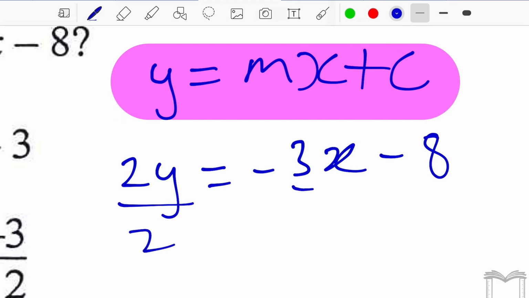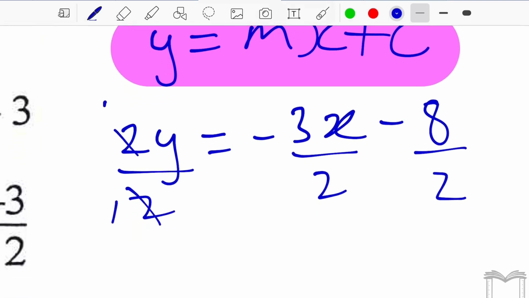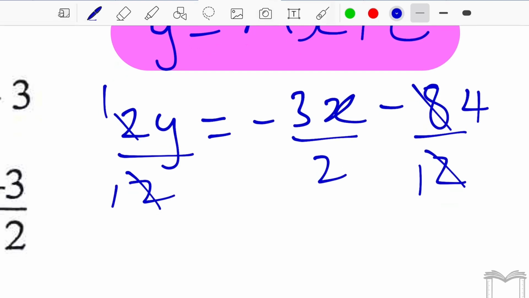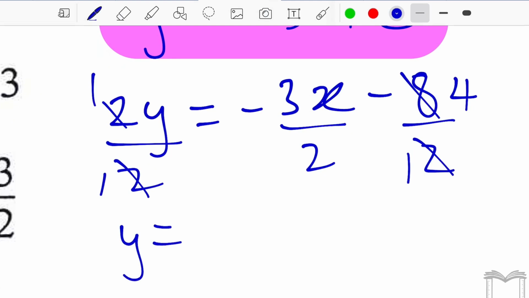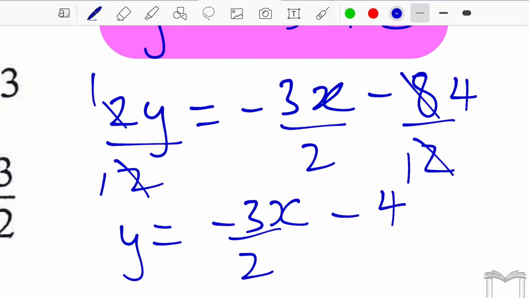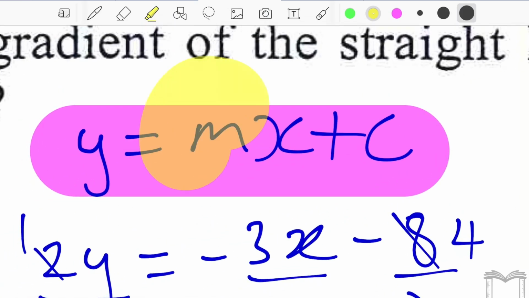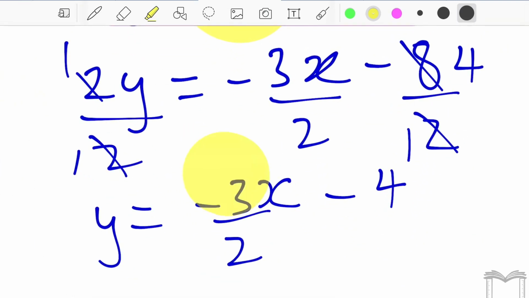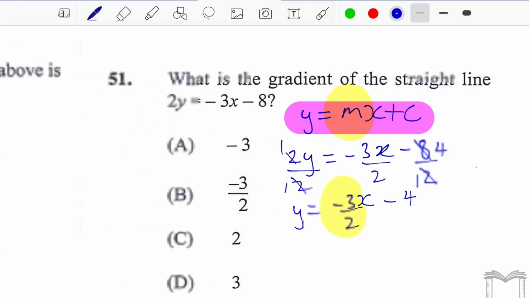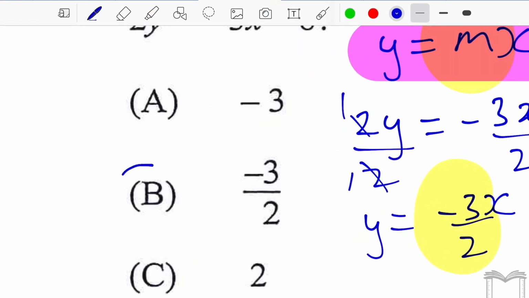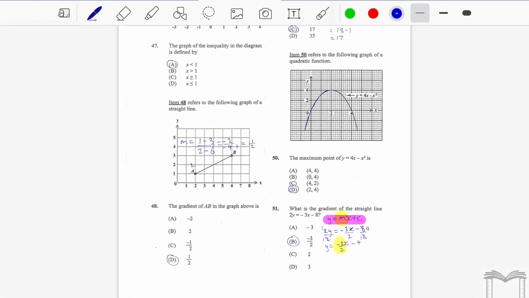If we divide by 2 on the left side, we must divide by 2 on the right side. So 2 into 2, 1, 2 into minus 3x is minus 3 over 2x, 2 into minus 8 is minus 4. So that gives us y is equal to minus 3 over 2x minus 4. So remember, for the equation of a line, y is equal to mx plus c, the coefficient of x is the gradient. So in this case, that's minus 3 over 2. So the answer is B.